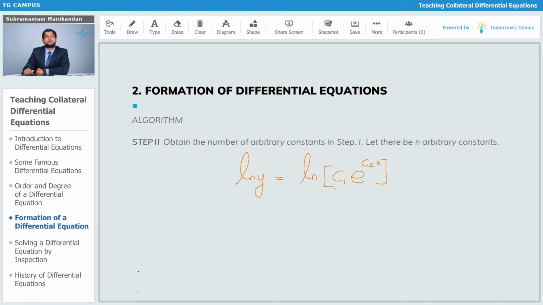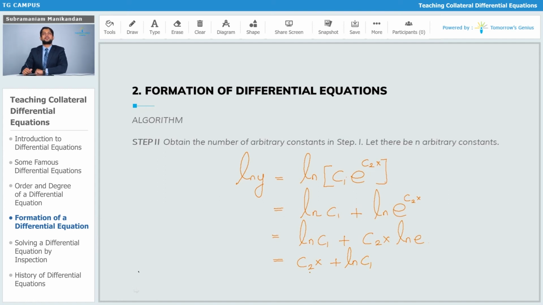Since C1 is multiplied by e to the power of C2x, we get log of C1 plus log of e to the power of C2x. By the exponent rule of log, this is log of C1 plus C2x log of e. Log of e is 1, so we get log of y is equal to C2x plus log of C1.